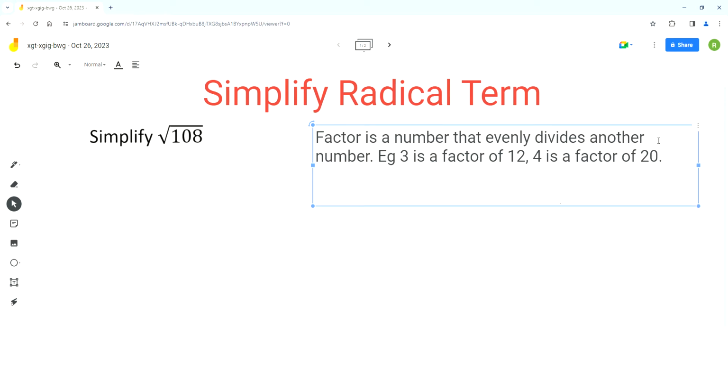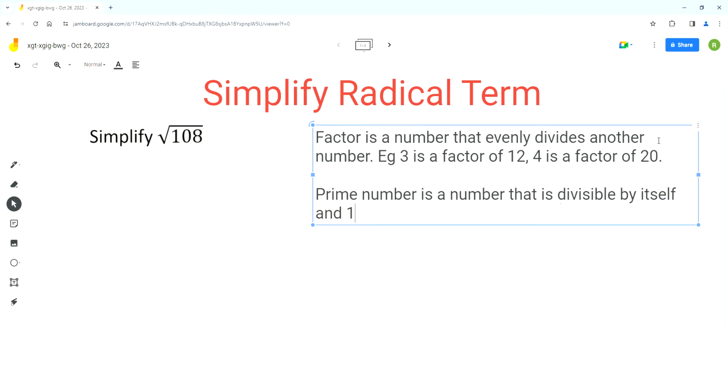Now the next concept to understand is a prime number. Prime number is a number that is divisible by itself and 1 only.